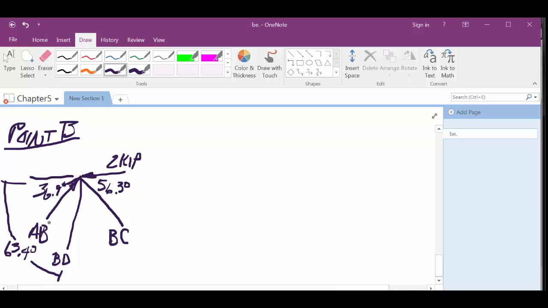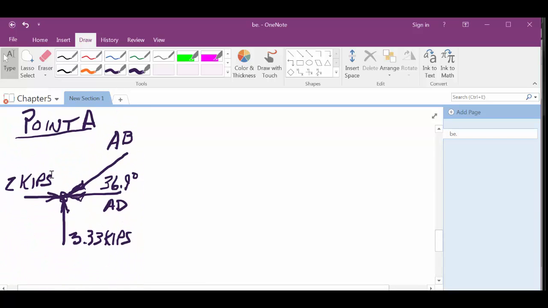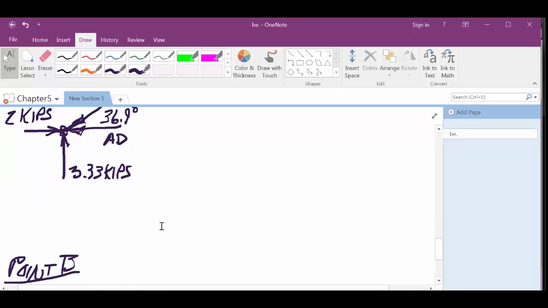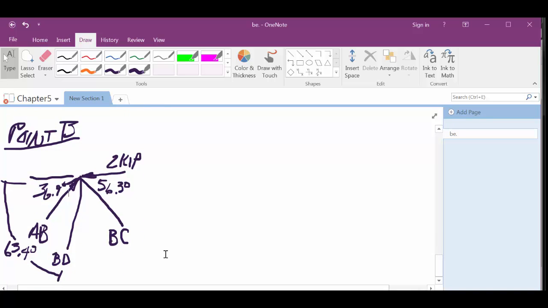Here's what screws people up. AB is going down and to the left here. It's going up and to the right here. Doesn't matter. It's compression. You've got to think compression or tension when we're looking at these force members. That's key.